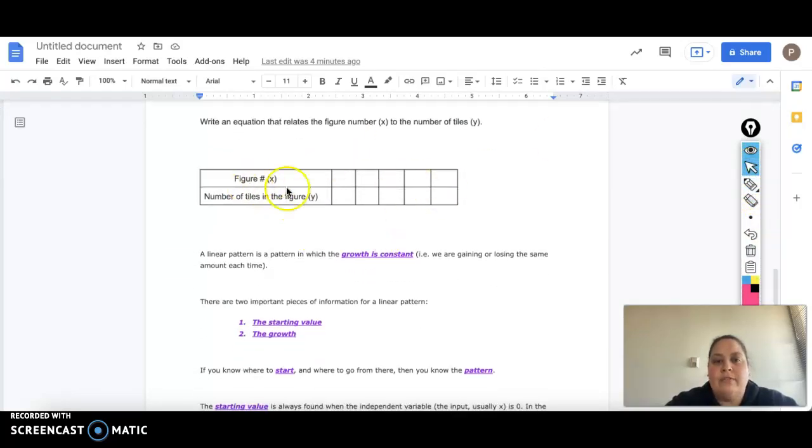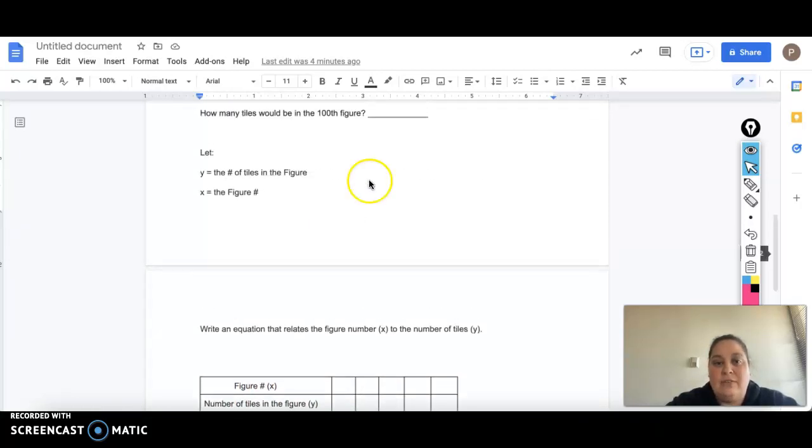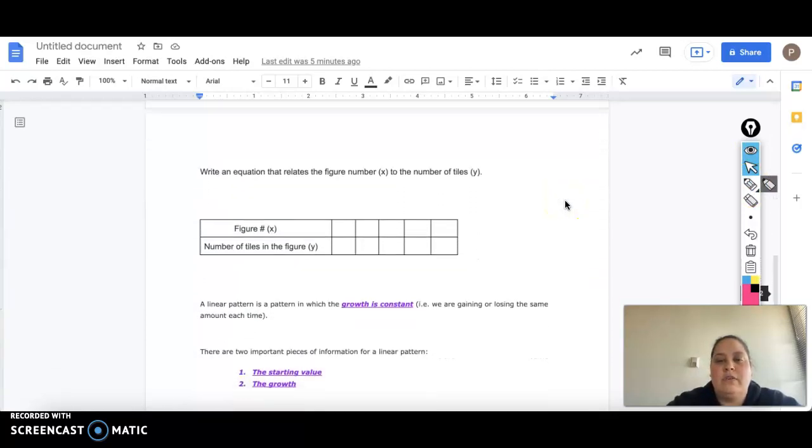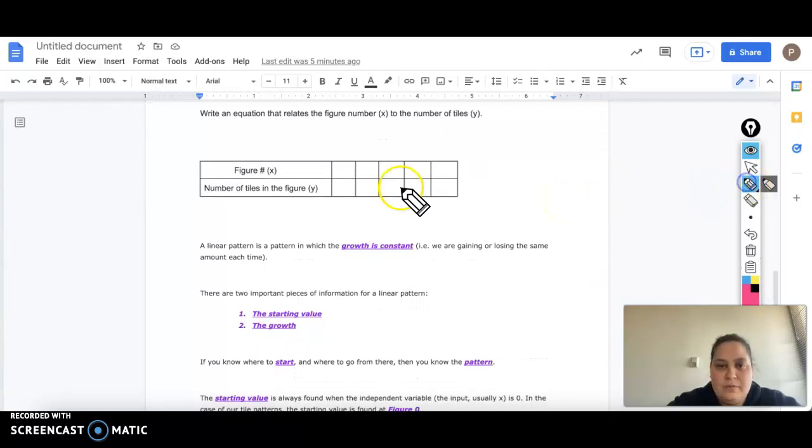What if I have to figure out a table? Well, we kind of already filled out a table up here, right? We put in numbers. So for tile 0, or figure 0, I have 4 tiles. For figure 1, I had 7 tiles. For figure 2, I had 10, and so on and so on. So when I come down here, if I want to fill out this table, for figure 0, I had 4 tiles.